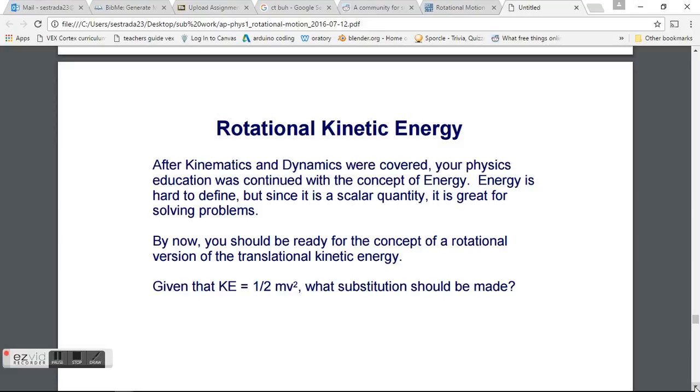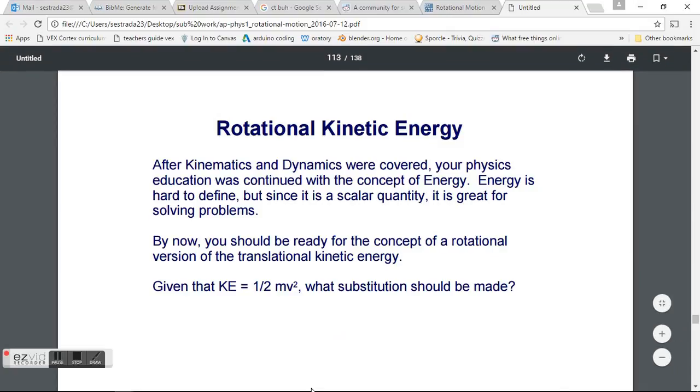So now we're going to do the same thing. We've already talked about kinematics and dynamics in rotational, so now let's talk about energy in rotational. And you'll see that, just like before, the big concepts and big ideas are still very much there. We're just going to put a small twist to it.